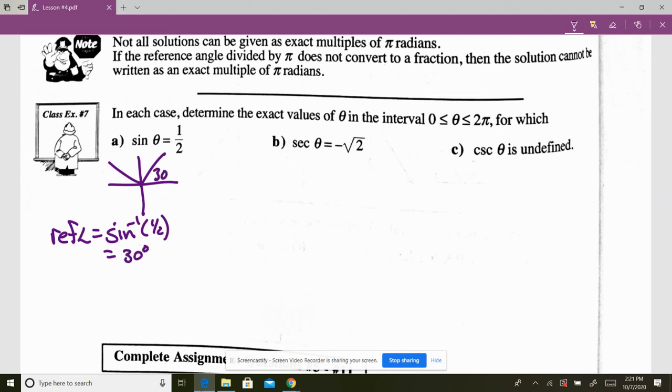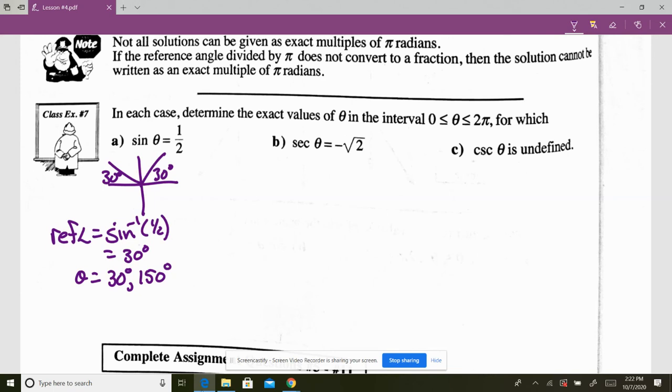So that means that is 30 and that is 30. So that means theta is what and what? In degrees, just tell me in degrees. 30 and 150 degrees. Okay. If our domain was 0 to 360, that would be the answer.